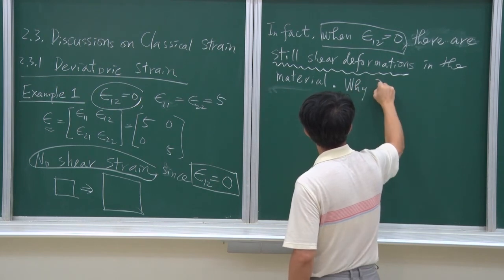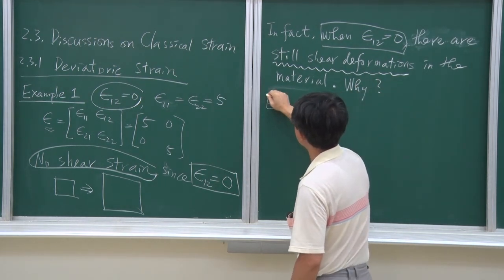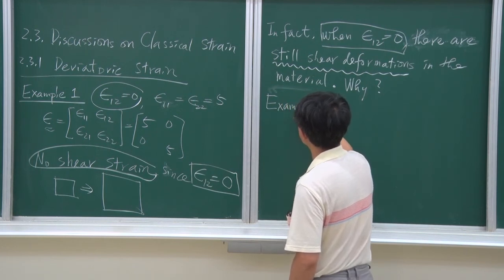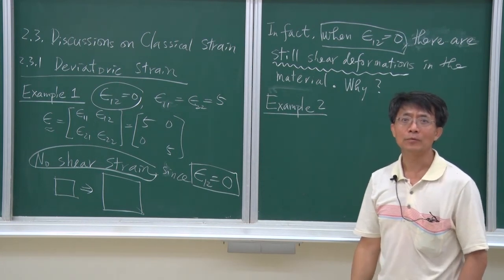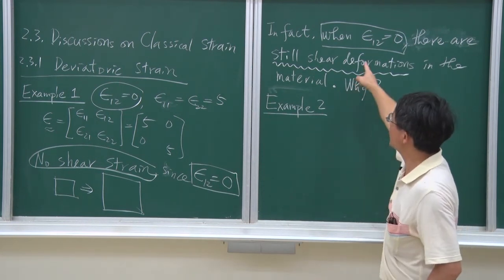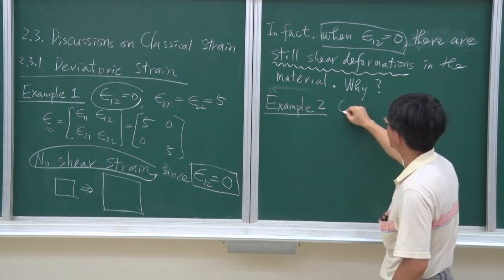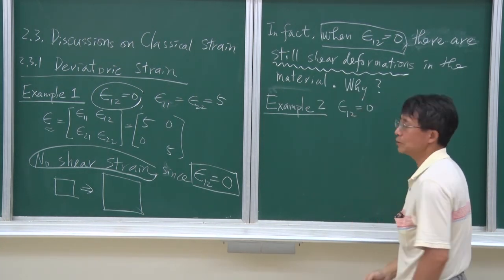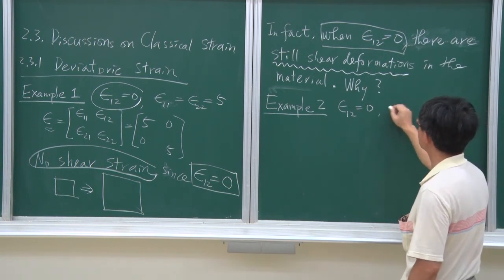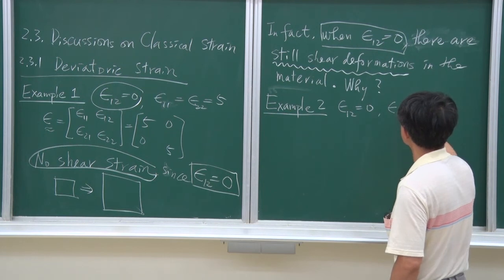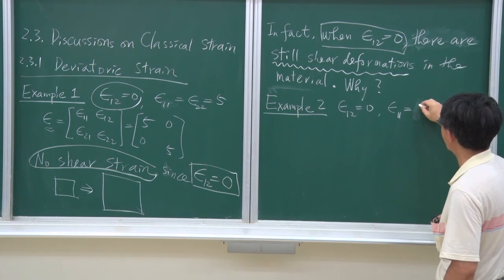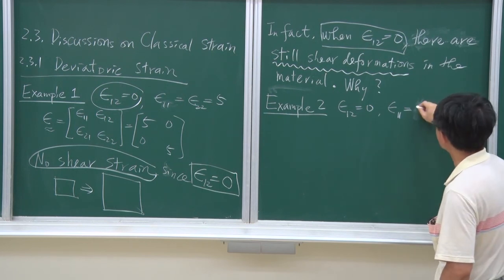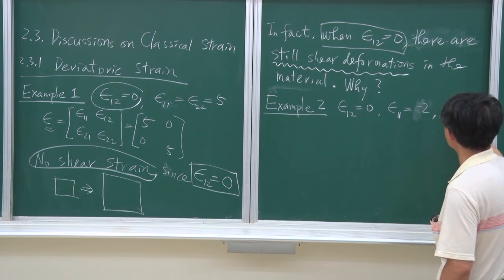Why? Example 2. I give you another example, and we'll find that this viewpoint is correct. For example, ε12 is 0, and then ε11 is minus 1, ε22 is 2.